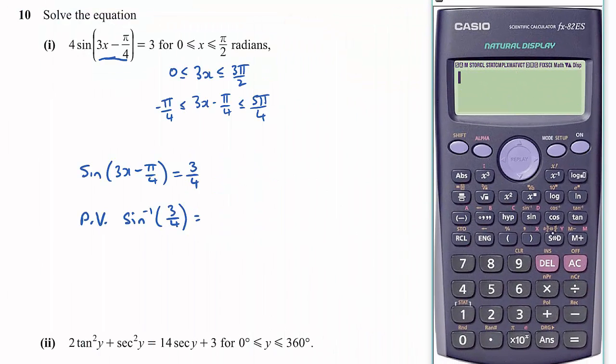I just need to make sure I'm in radian mode. So that's mode 4. And then the inverse sine of 3/4 is 0.8481.